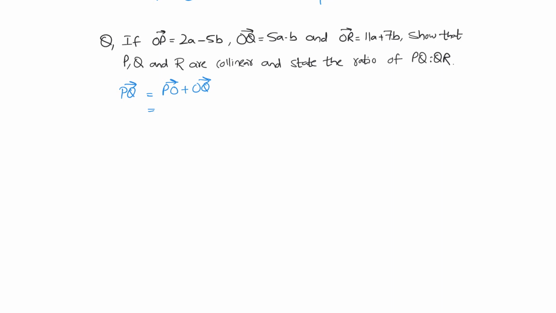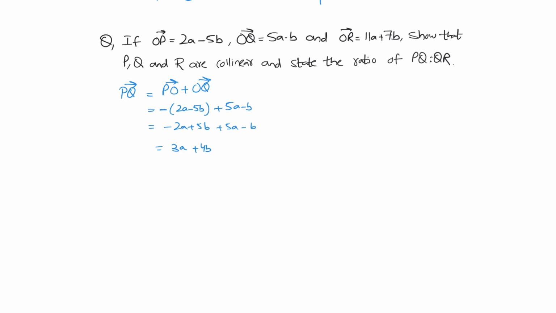PO is just going to be the negative of 2A minus 5B, plus OQ, that is 5A minus B. So if you simplify this, you get 5A minus 2A, that is going to give you 3A, plus 5B minus B, that is going to give you plus 4B. Now you have the PQ vector, okay?